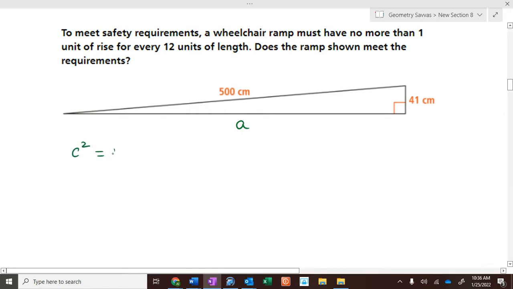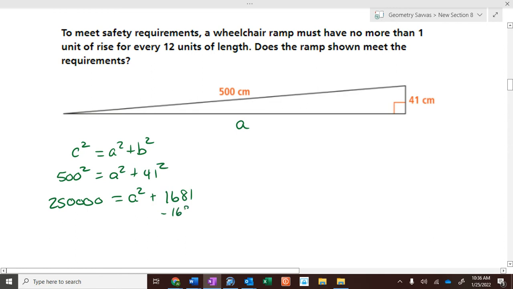So c squared equals a squared plus b squared. So 500 squared equals a squared plus 41 squared. 500 squared is 250,000. 41 squared is like 1,600. You're really good. 1,681. So if we subtract 1,681 from each side, we get 248,319.